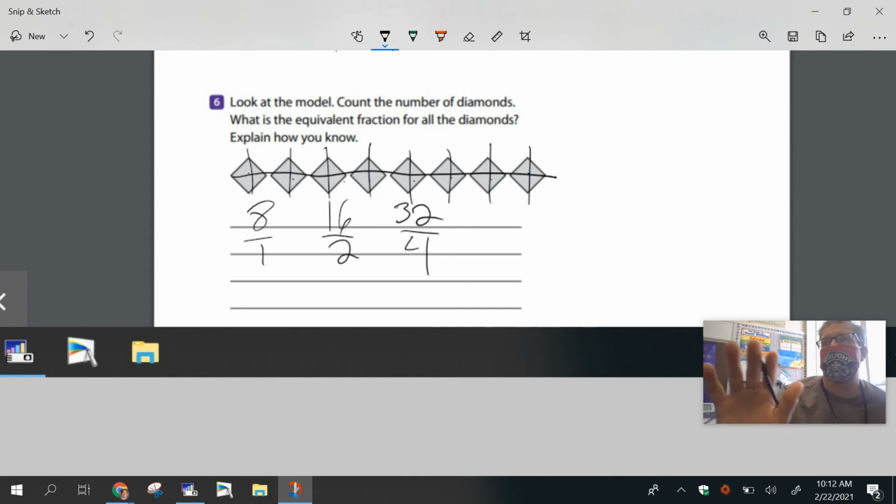Let's pretend I'm not going to do it. If I divided each diamond into 30 equal pieces, what's 30 times 4? First of all, don't say dang. But what is 4 times 3? 12.